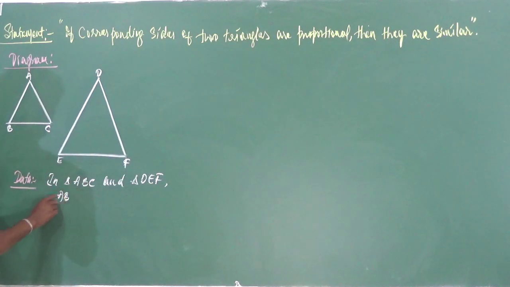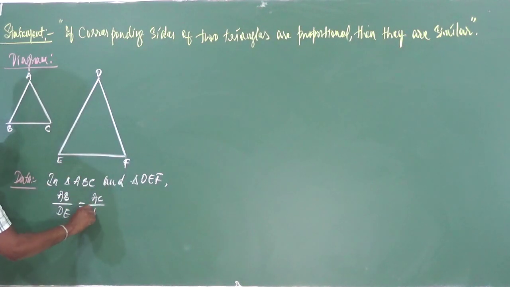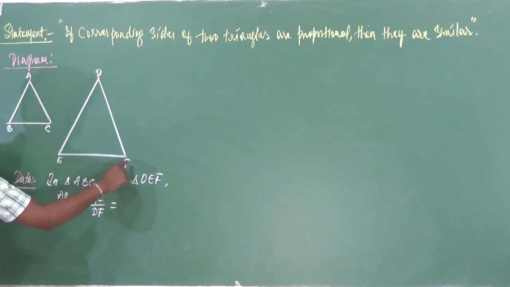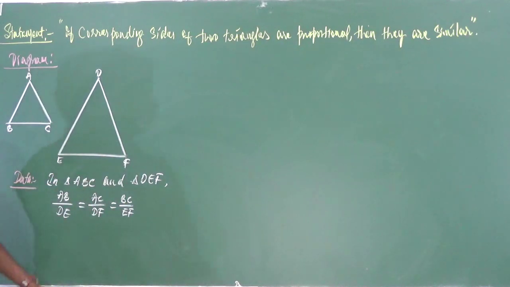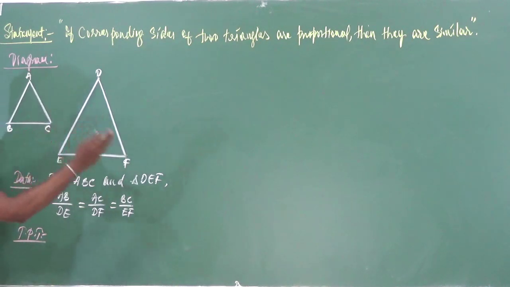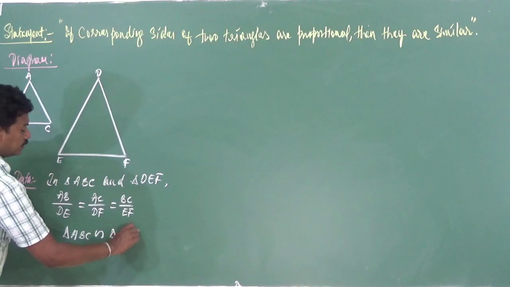So therefore AB by DE, very important, is equal to AC by DF is equal to BC by EF. So in the next coming proof, we are going to use this data at a very important step. So we have to prove that. Alright, so we'll go with this. We have to prove that they are similar, that is, these two triangles are similar. So we have to prove that triangle ABC is similar to triangle DEF.